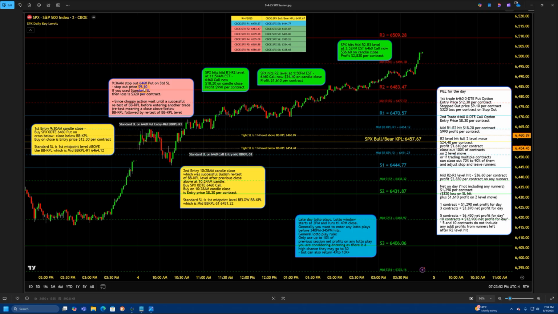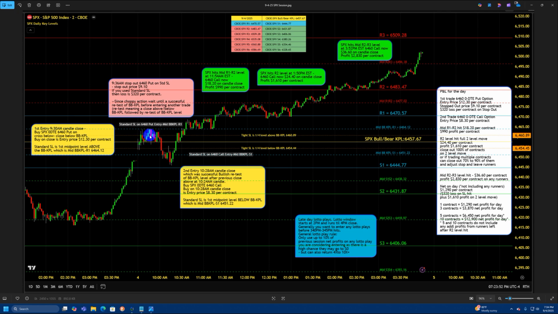It is possible that you could have gotten stopped out at a price that could have been higher than that, but for our purposes here, we're going to go with the lowest price, in other words, the worst price of the stop out candle, which is $9.10. If you use the standard stop loss, then your loss is $320 per contract on this because you paid $12.30 and you got stopped out at $9.10.